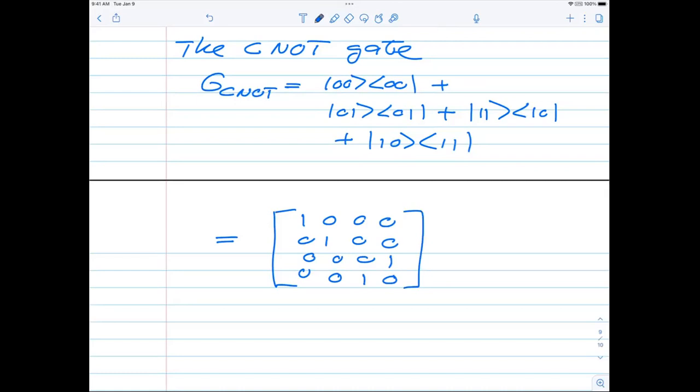This is put together with a unit matrix for the upper block, so the upper block is just a unit matrix, and the lower block is an X gate. If we now look at the output states given the input states, we can perform these operations.